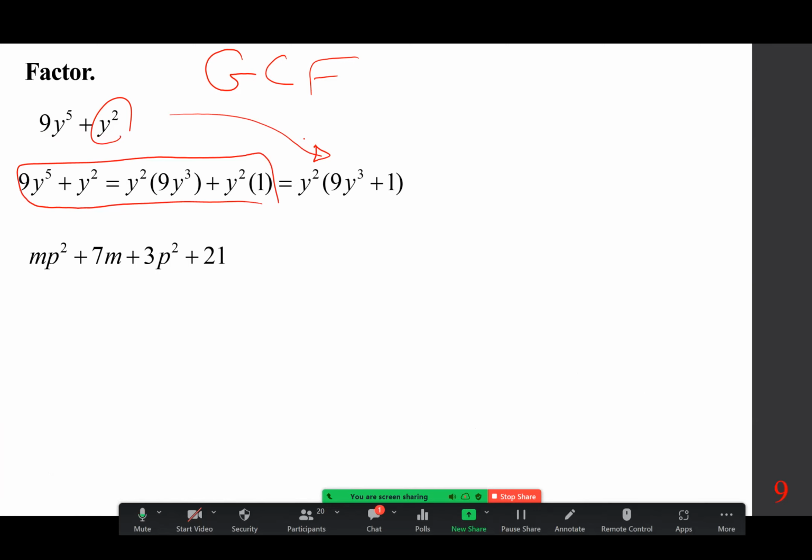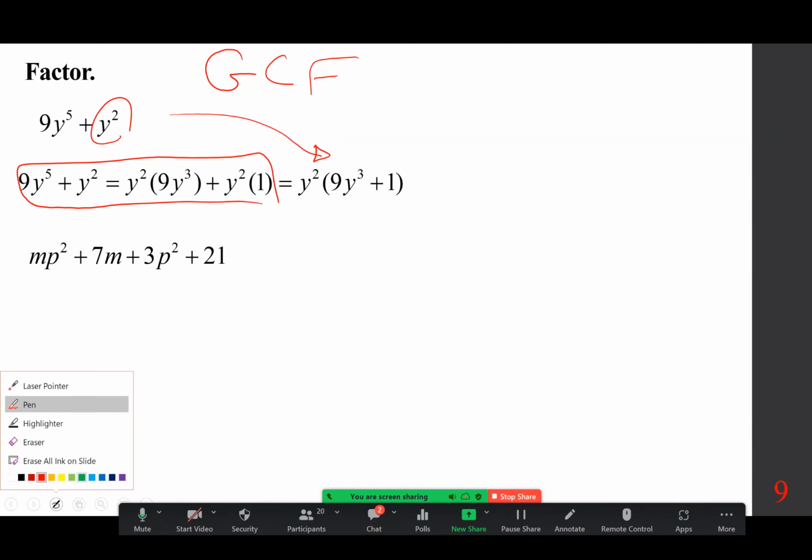The next one, we notice we have 4 terms. Anybody remember how we factor when we have 4 terms? What is the process called? When we have more than 3 terms, we call it factoring by grouping.